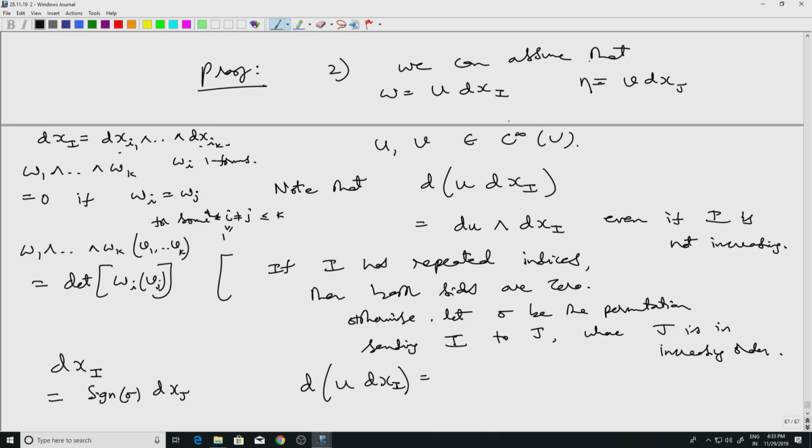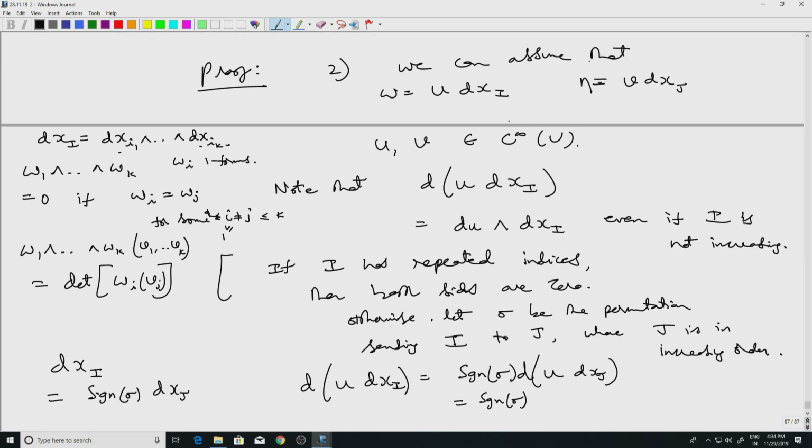So therefore this will become sign sigma u, so instead of dx_I I just put dx_J. So the d will still remain, and sign sigma dx_J.